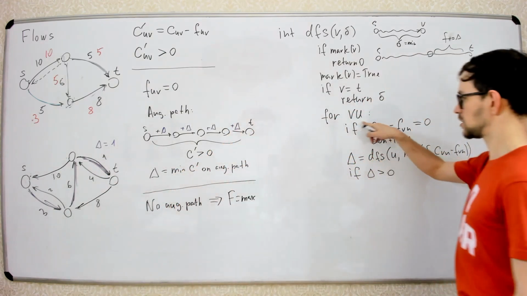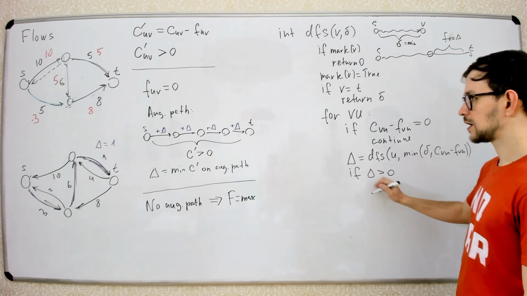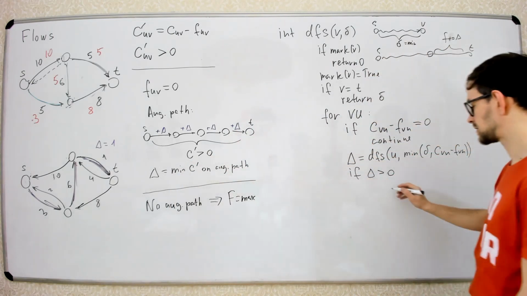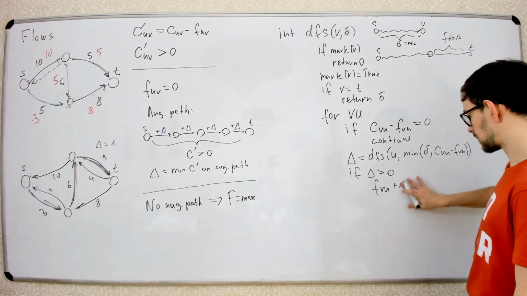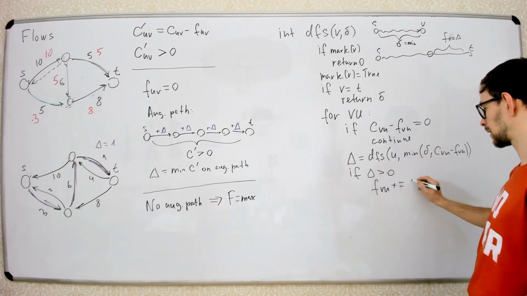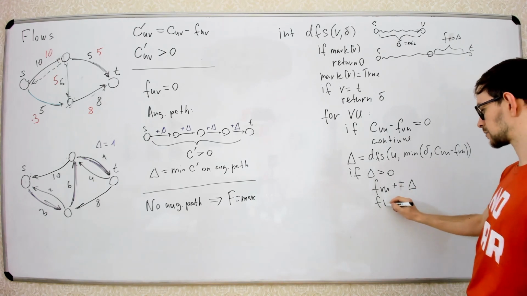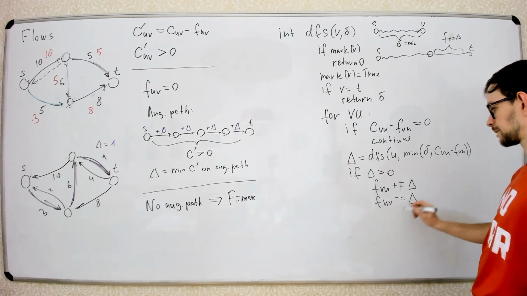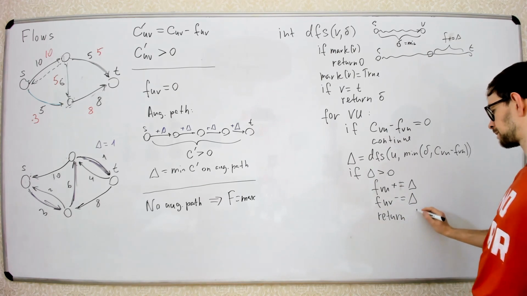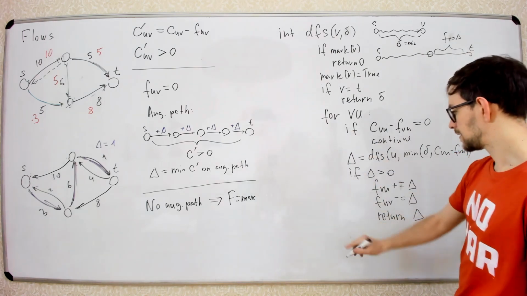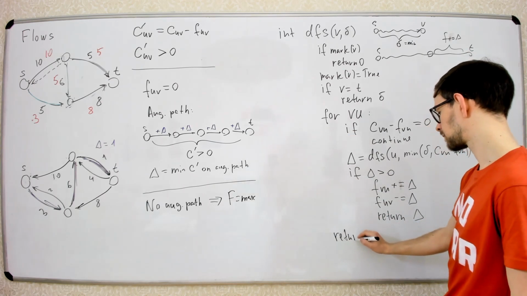So I need to update this edge VU. Update means increase the flow by this delta. So I increase the flow VU by delta, and I decrease the reverse edge. And return. If I didn't find anything, I just return 0.